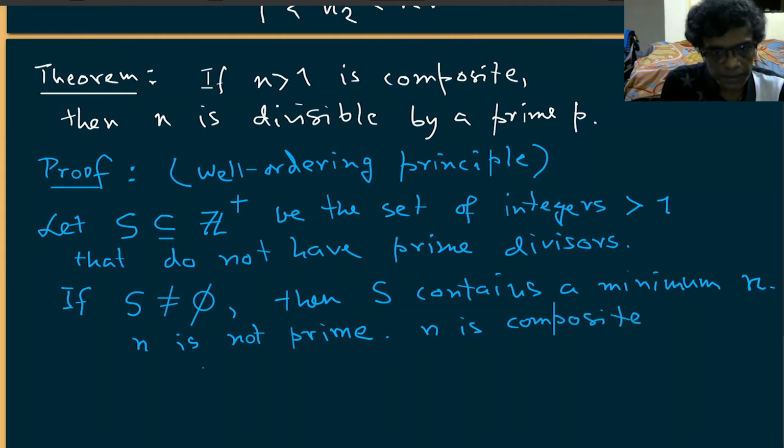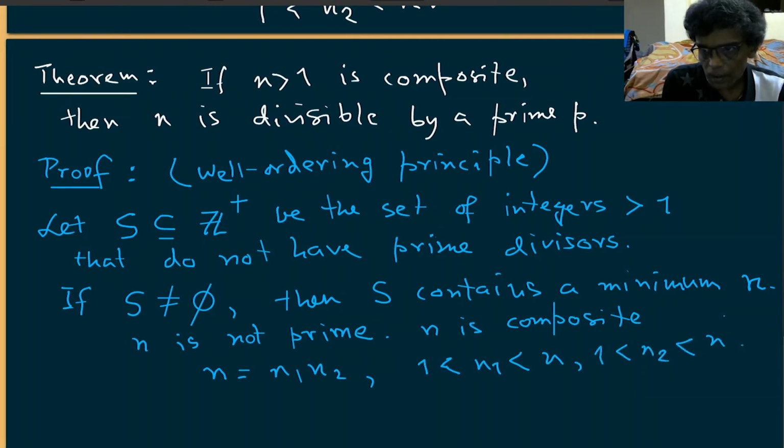That is, I can write N equal to N1 times N2, where 1 is less than N1 less than N, and likewise 1 is less than N2 less than N. But note that this S contains all, I would say, integers that do not have prime divisors, and N is the minimum of them.